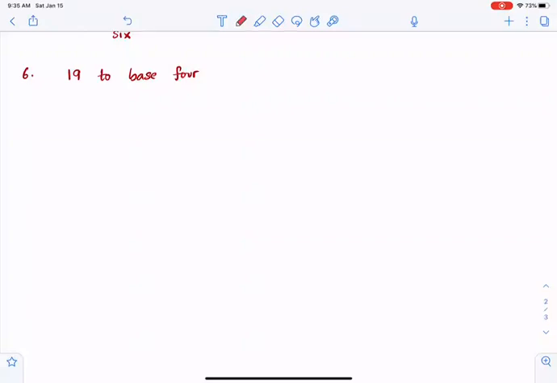So I'm going to write powers of 4. So 4 raised 0, 4 raised 1, 4 raised 2, 4 raised 3, because it's easy. 4 raised 0 is 1, 4 raised 1 is 4, 4 raised 2, 16, 4 raised 3, 64. 1 is less than 19, 4 is less than 19, 16 is less than 19.